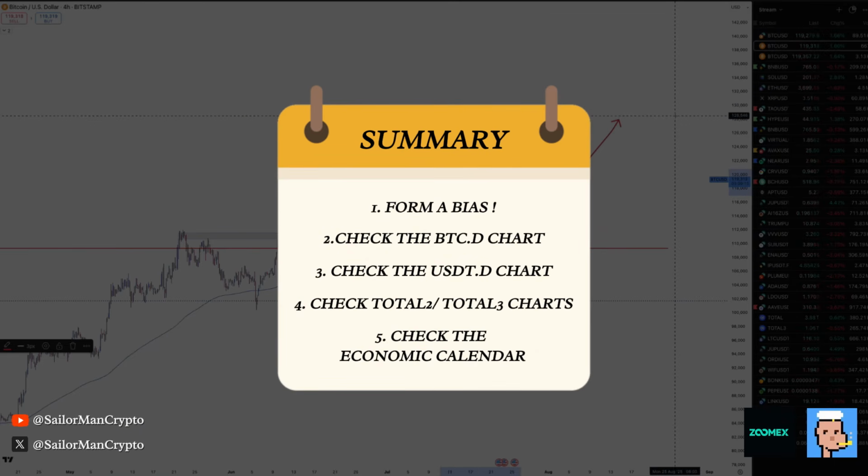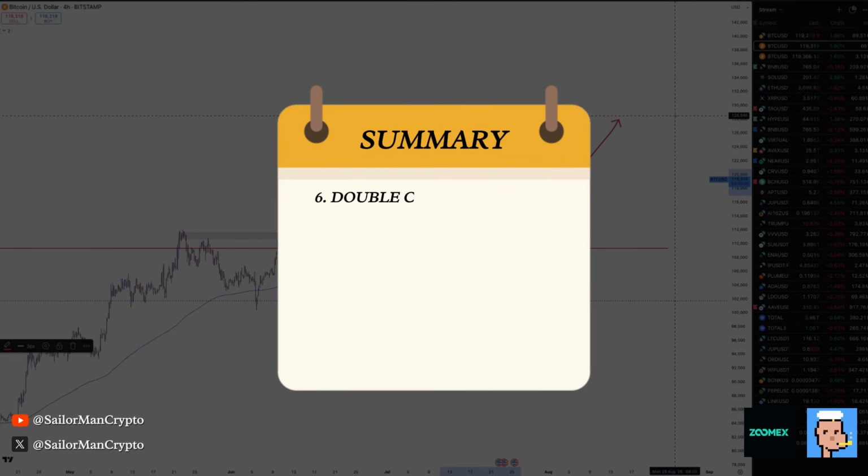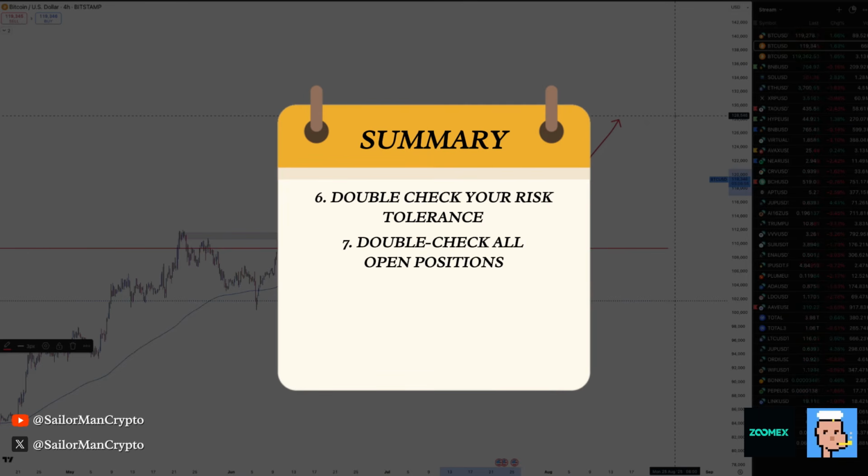Once you are ready with all of this, you have to double check your risk tolerance. This I will never stop repeating. Make sure that you are always respecting your risk tolerance. So make sure to double check all your open positions, adjust them accordingly, take profit, move stop losses to break even, before moving or opening new orders or planning a new trade, in case this new trade will create trouble with your risk tolerance.